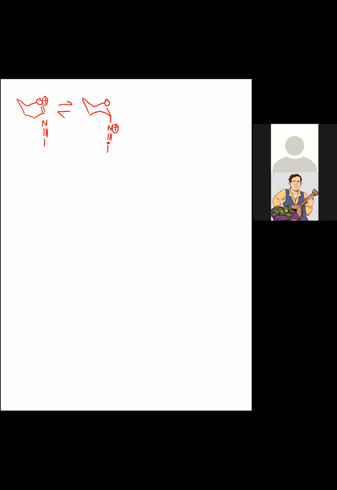Here I'm using a dot, that means a carbon, if you don't remember that. Just drawing a C there is really ugly, but it is implied because you have a triple bond moving to a single bond. But if you want, you can add a dot.